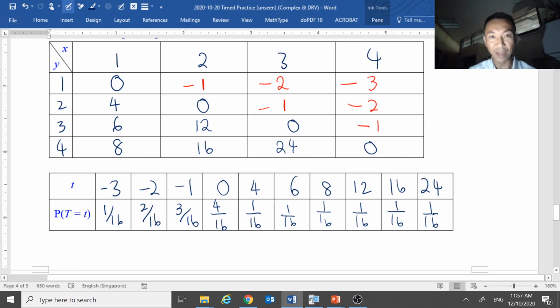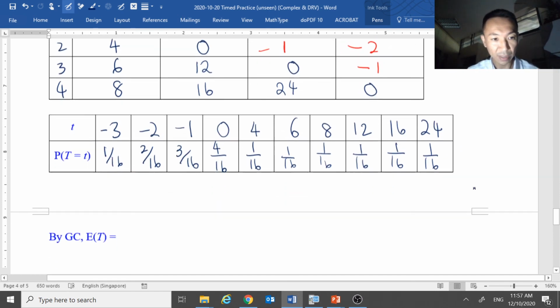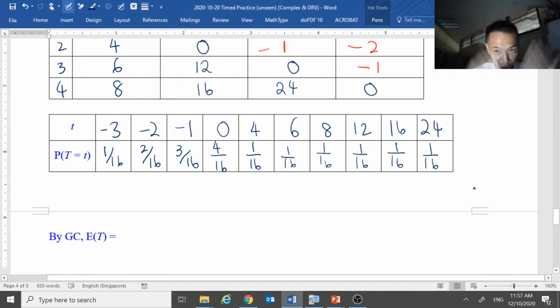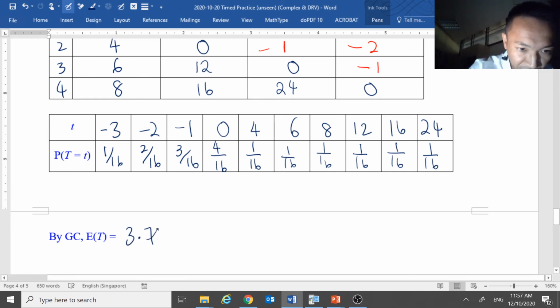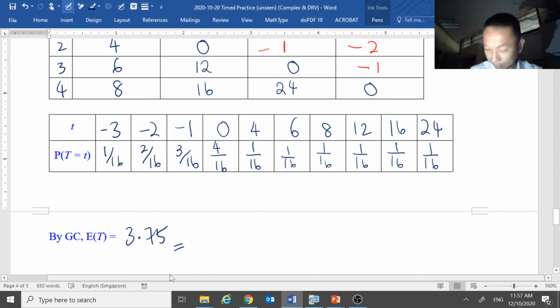The expected value of it, you enter all this in the GC, or you can just use a calculator. You will get 3.75. Not difficult. You don't have to show working, you just get 3.75. Using that, then we can find the expected winnings.